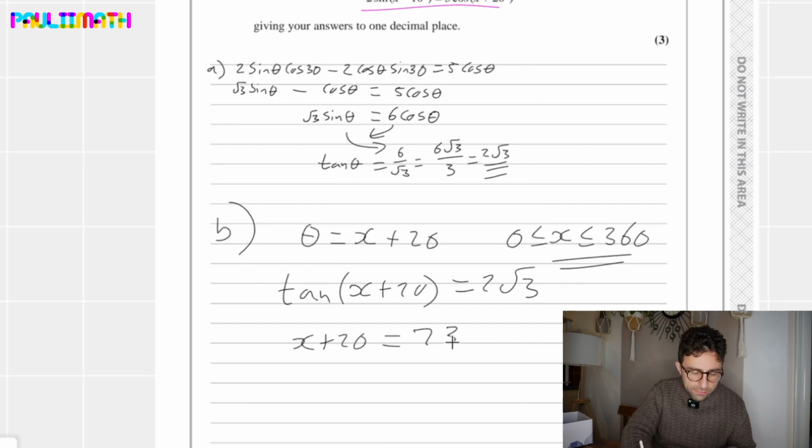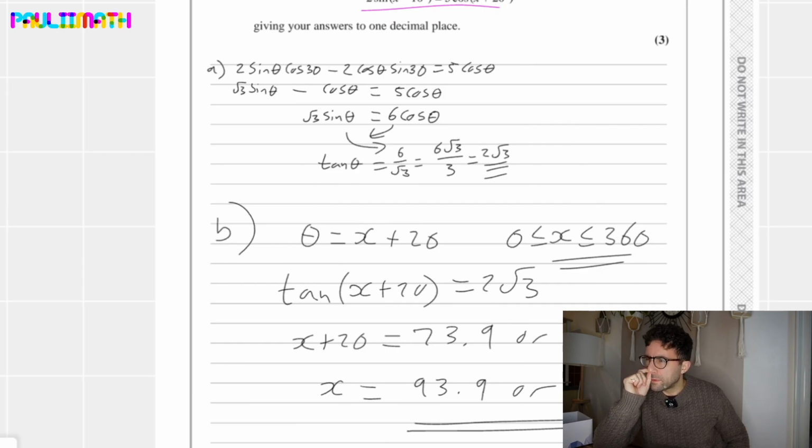So you got 73.9 to 3 significant figures. And then your other answer is going to be add 180 to it for tan, or 254 to 3 significant figures. And then you add on 20. 93.9 or 274.